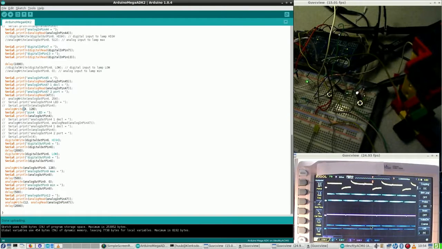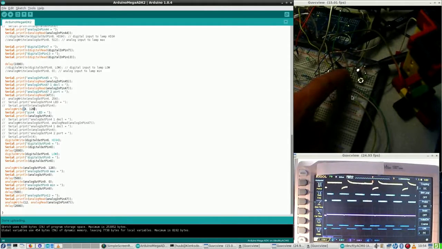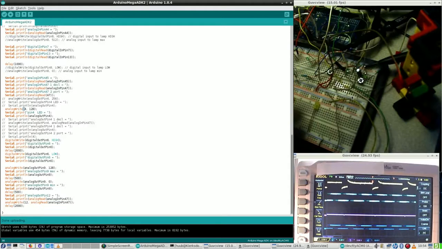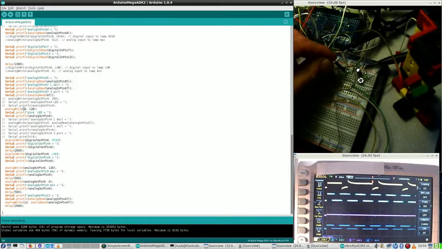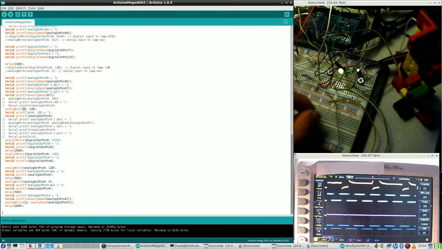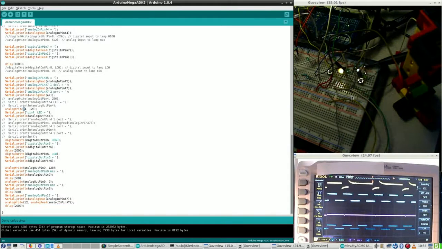And to my surprise, when you look at the LED, it actually shines nicely. Very nicely indeed. So when I now plug in this one, look at that.